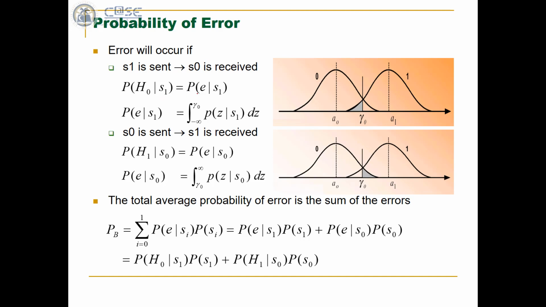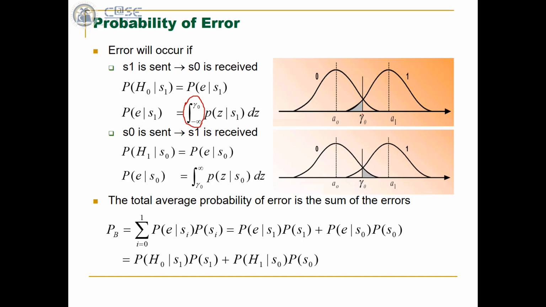That is equivalent to probability of error event given signal class S1 sent, which is nothing but the area under the curve of the overlap region starting from minus infinity till gamma naught. This will be your area under the overlap of all such events when you took a decision in favor of signal class S0, whereas you actually sent signal class S1.